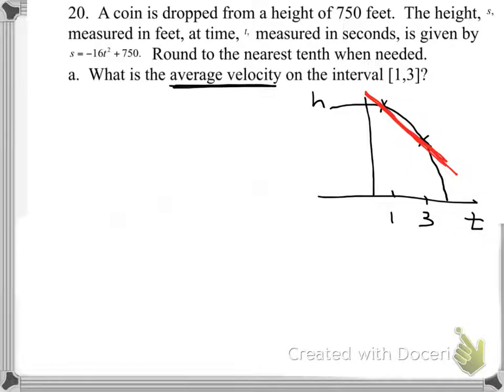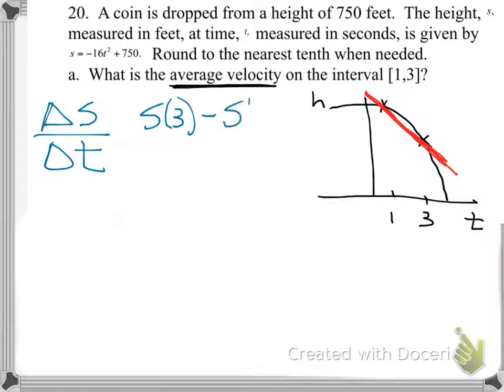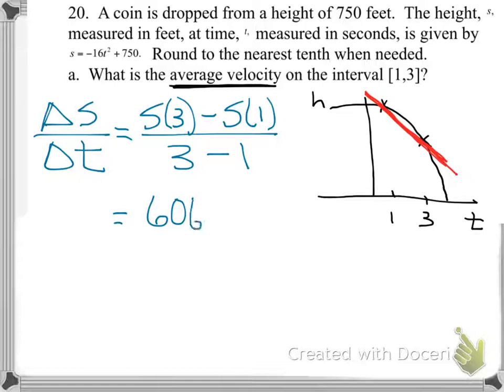Okay, so you're going to say, I want change in s over change in t. And so I want s of 3 minus s of 1 over 3 minus 1. So s of 3, when you plug in the 3, you should get 606.